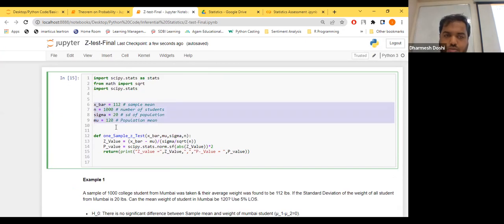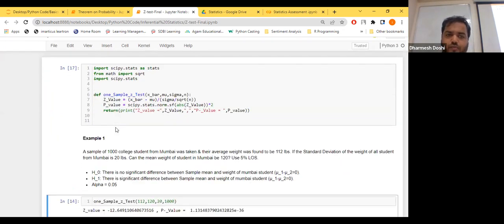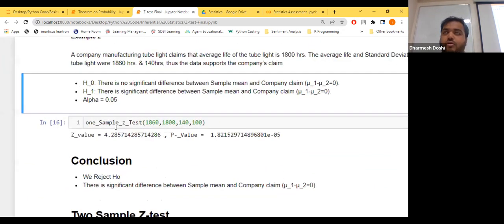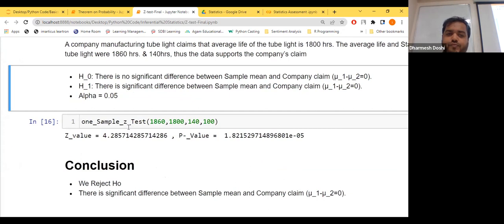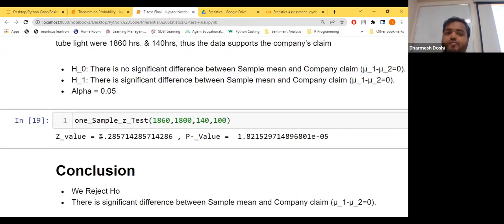You can cross-check this one. Run the data, no? Match okay, no? Z value 4.28.